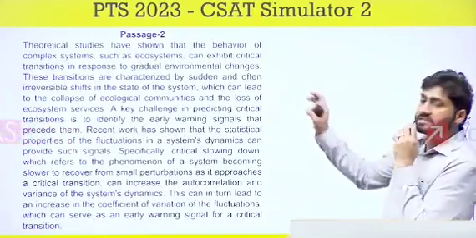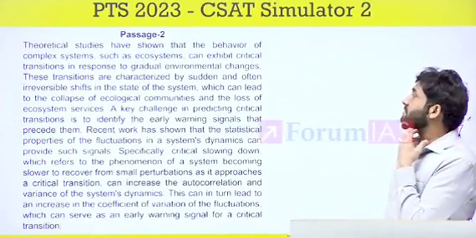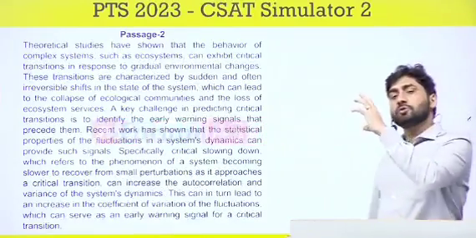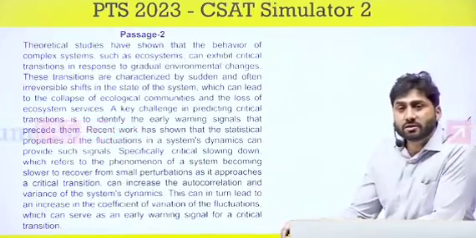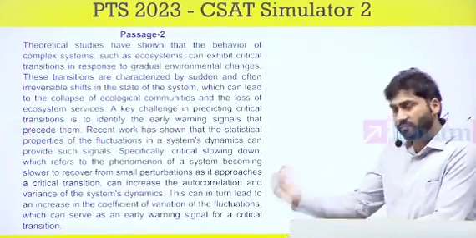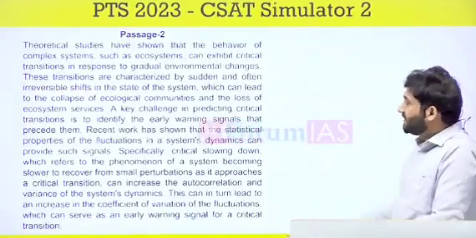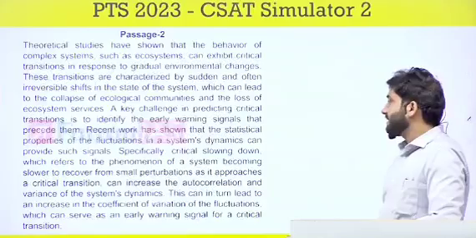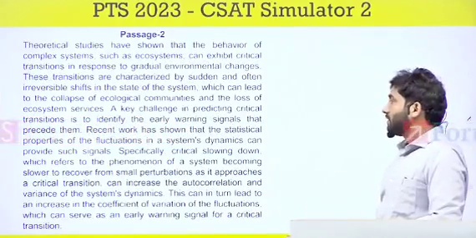And then it elaborates that they can exhibit critical transitions in response to gradual environmental changes, and how those critical transitions could be gauged through some information, through some warning signals, and what specifically could be identified in that process in order to read the warning signals. That has been specifically said here: this is critical slowing down to recover, right? That's what it is.